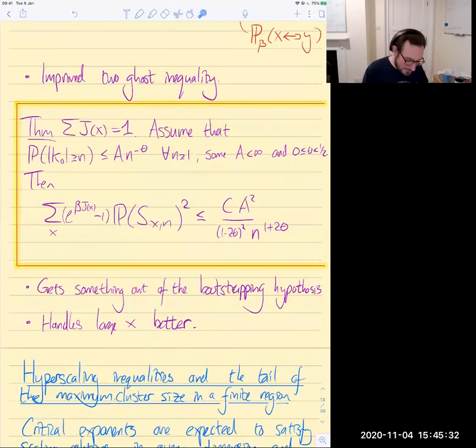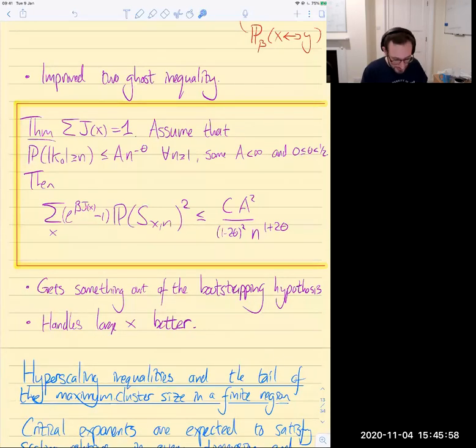One is that I'm taking this bootstrapping hypothesis and including it in the hypothesis of the two ghosts and getting a stronger conclusion where I have a better power of n here. But the other thing, which is actually the more relevant thing that really gives it a lot more juice, is it handles large X much better.